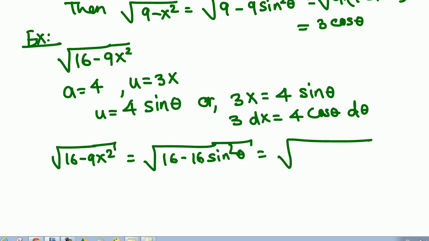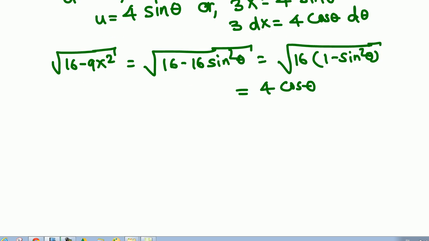Inside the radical sign we can factor 16 out, leaving 1 minus sine squared theta. The square root of 16 is 4, times 1 minus sine squared is cosine squared, and the square root of cosine squared is cosine theta. This is how we can get rid of the square root.